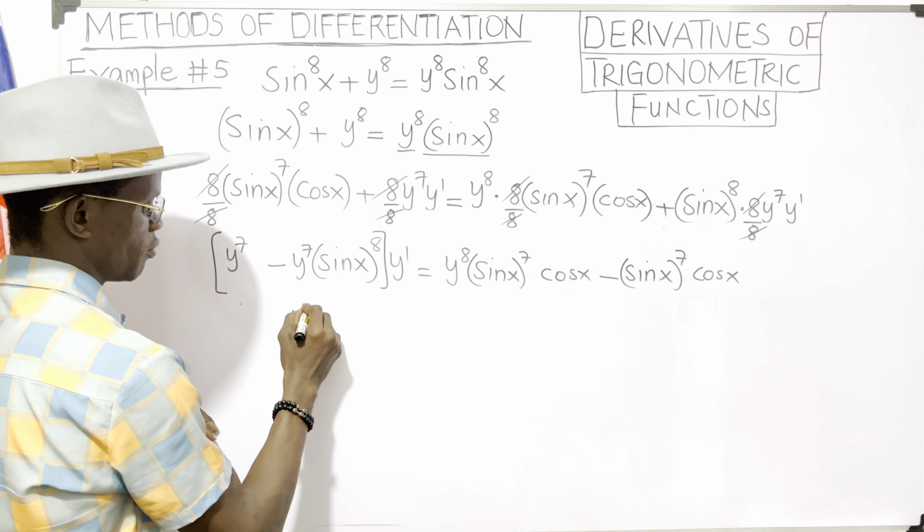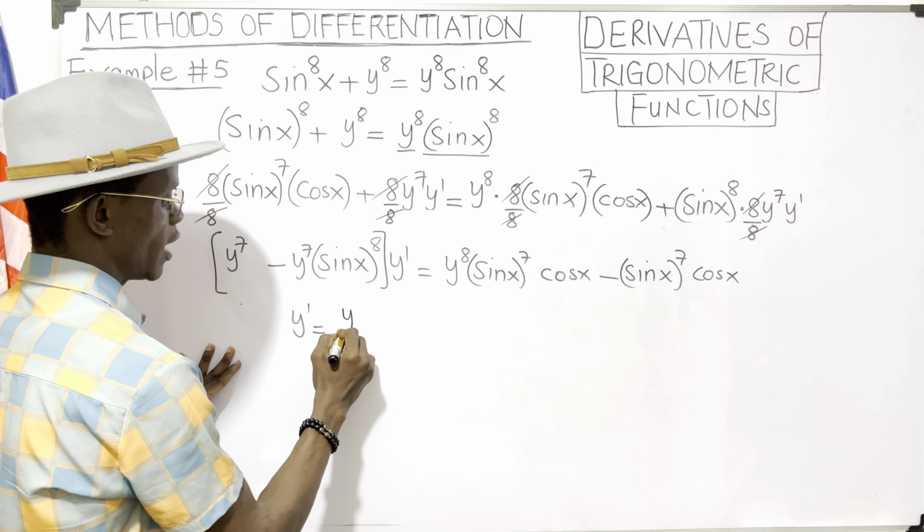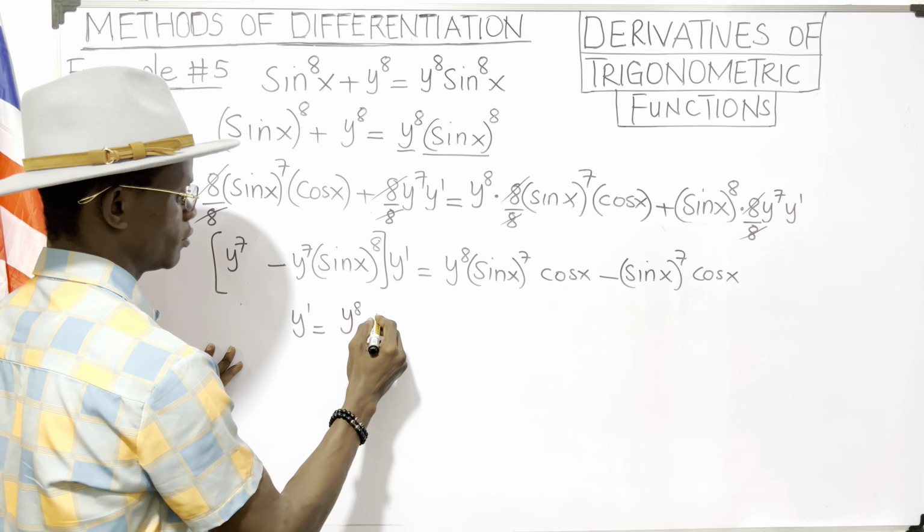It means y prime will be y to the 8th power sine of x all raised to the 7th cos of x minus sine of x raised to the 7th cos of x, divided by this one, y to the 7th minus y to the 7th sine of x all to the 8th power.